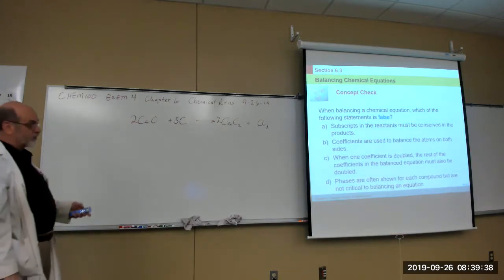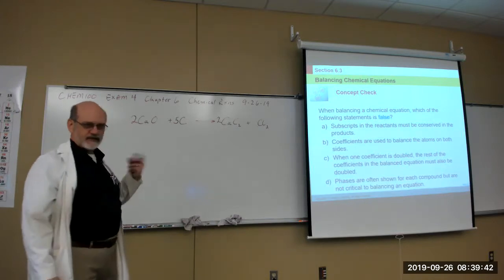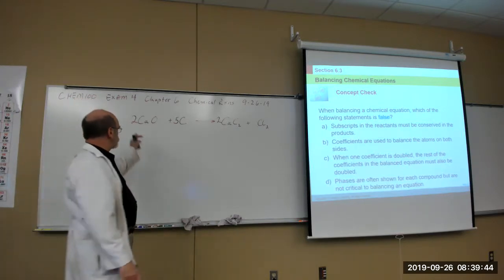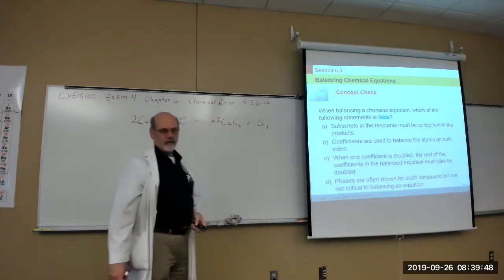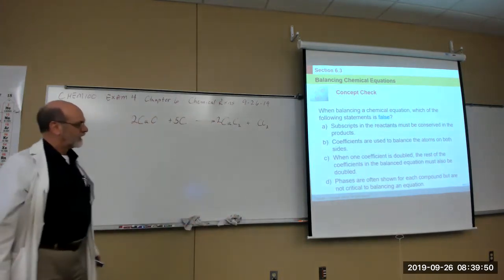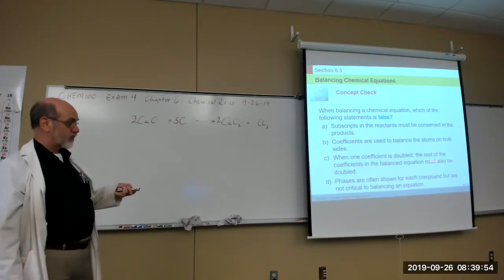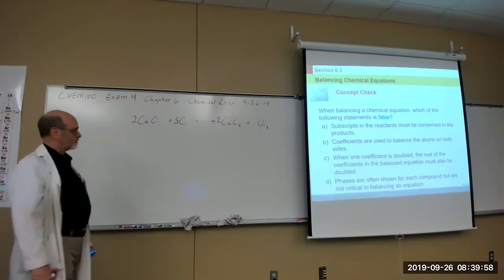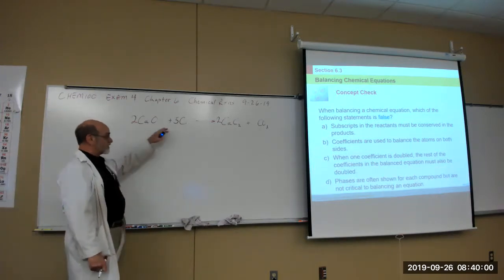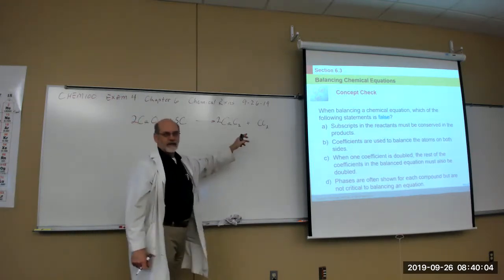Okay, so A is false. Coefficients are used to balance the atoms on both sides. That's true. You always use coefficients to balance the number of atoms on both sides. When one coefficient is doubled, the rest of the coefficients in the balanced equation must also be doubled. That's true. If we've got a balanced equation and I double this one, I better double everybody else.